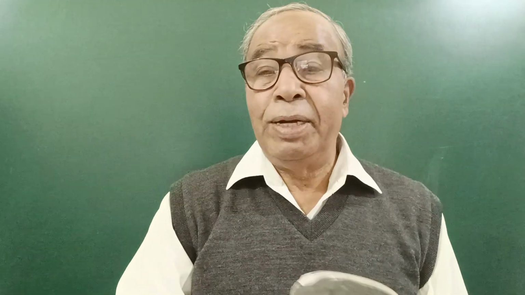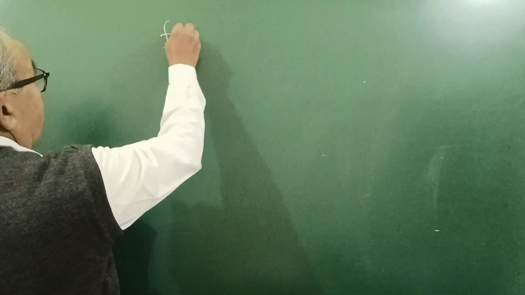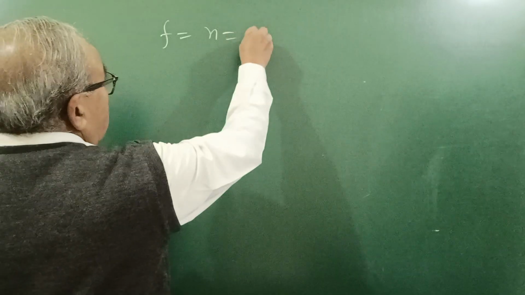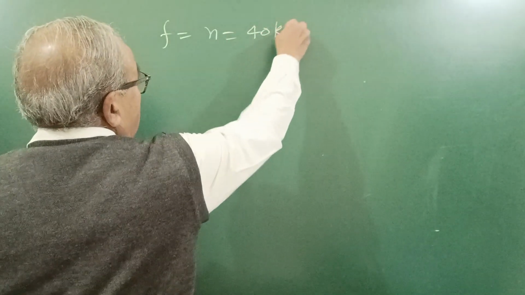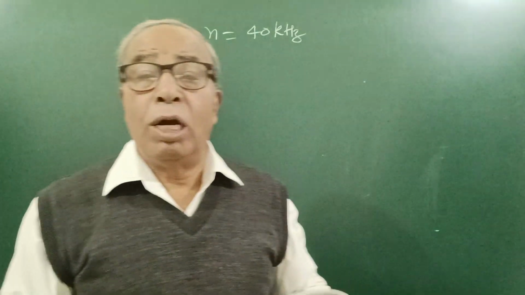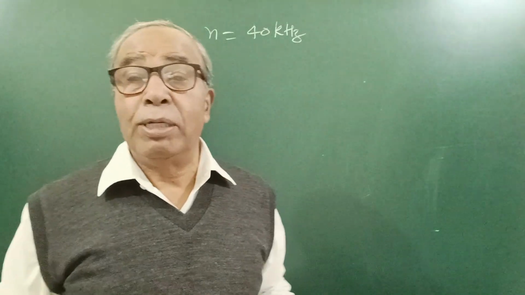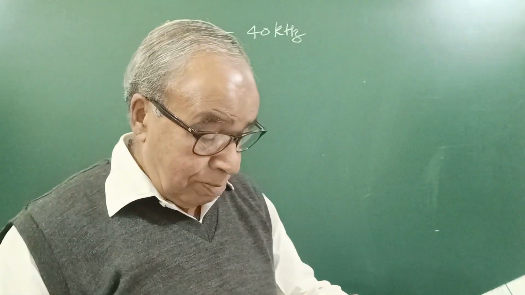You can read your book NCERT volume 2, class 11. Question is like this: a sonar system fixed on a submarine operates at a frequency of n equal to 40 kilohertz. It is the frequency of ultrasonic. Sonar uses ultrasound. Our audible sound has frequency 20 to 20 kilohertz.